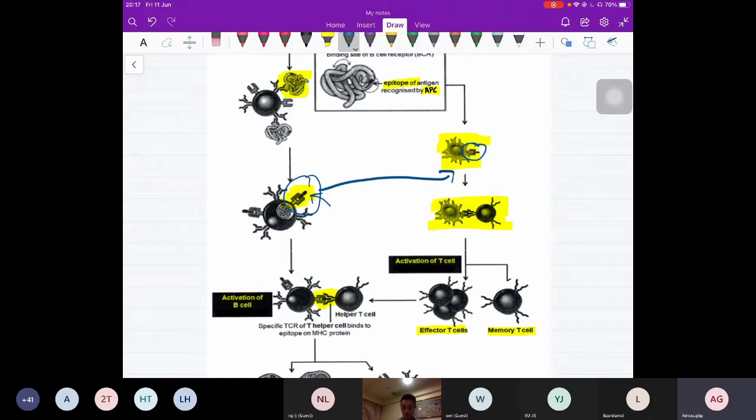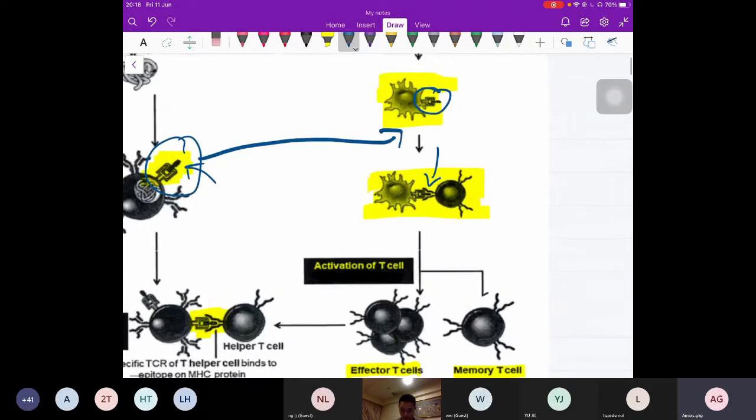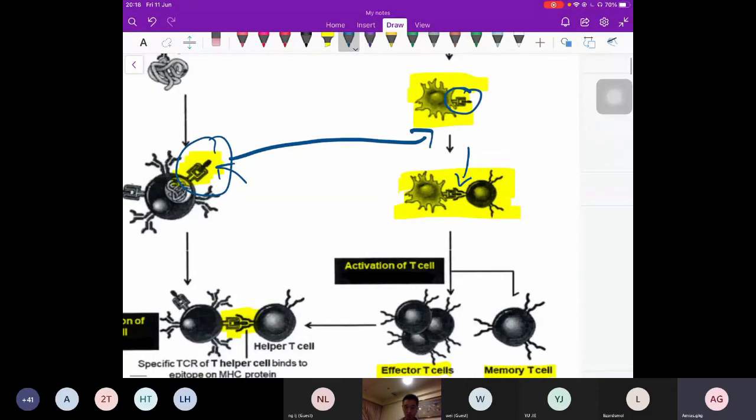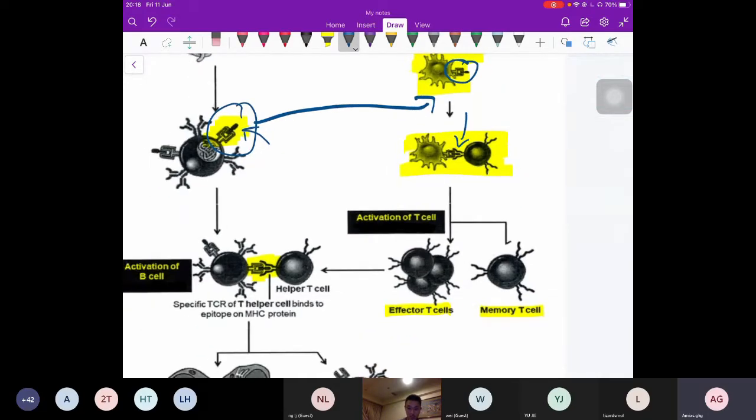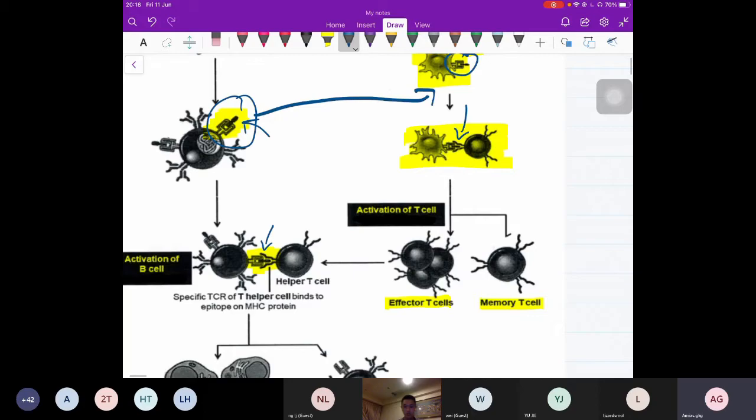And because it's the exact same peptide MHC complex, the specific T cell receptor of this naive T cell is complementary to both peptide MHC complexes, the one on the APC and the one on the naive B cell. So that's how your second step of activation occurs. That's how the helper T cell recognizes and binds to the complementary peptide MHC complex on your naive B cell to activate it.